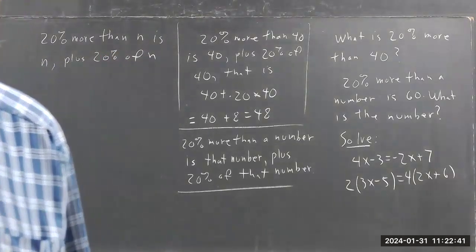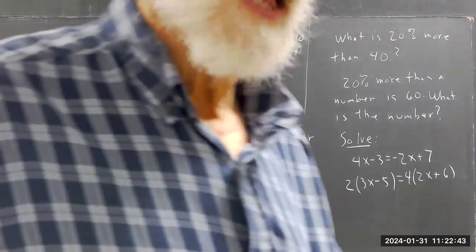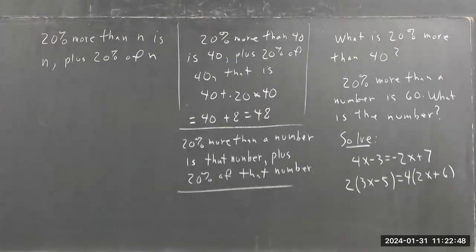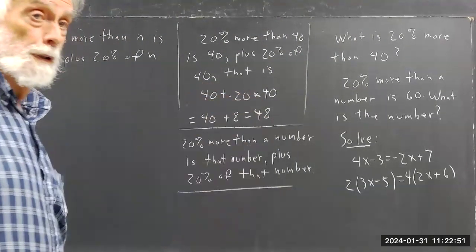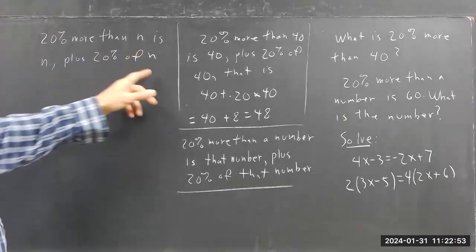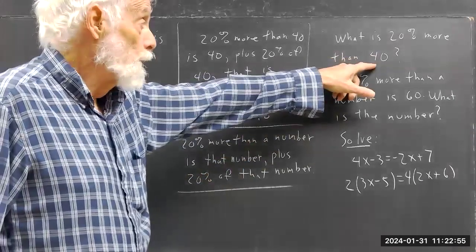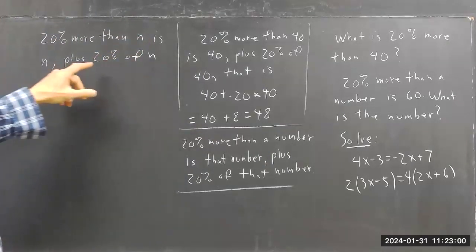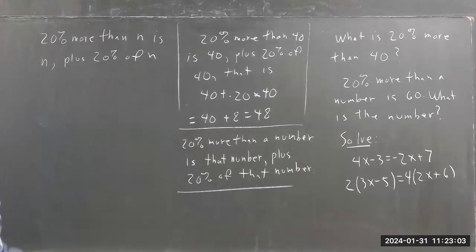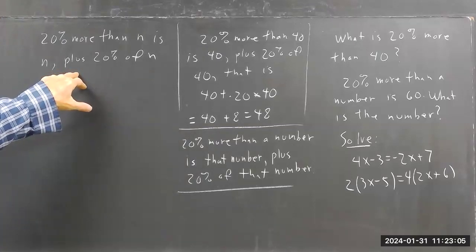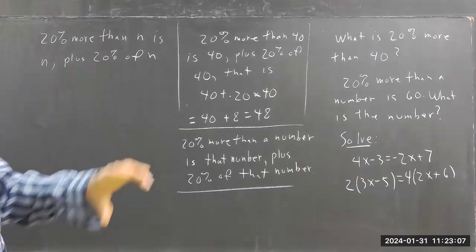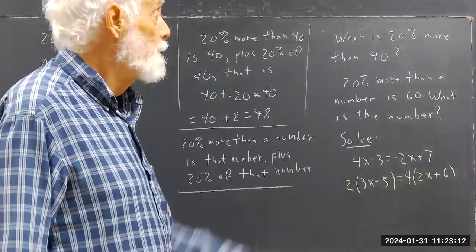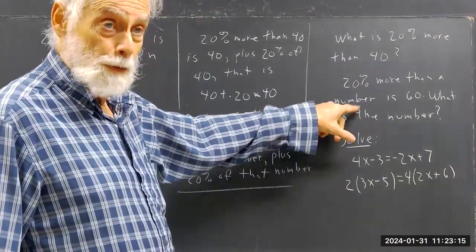Okay, that makes sense? Instead of calling it that number, we'll just call the number n. And the meaning of that statement ought to be clear. That means whatever number we want to put in here, if we want to put in 40, we can do 20% more than 40. That would say 20% more than 40 is 40 plus 20% of 40. This statement will work anytime you're talking about some percent more than something, whether it's something you know, like here, 40, or something you're trying to find, like here, the number.